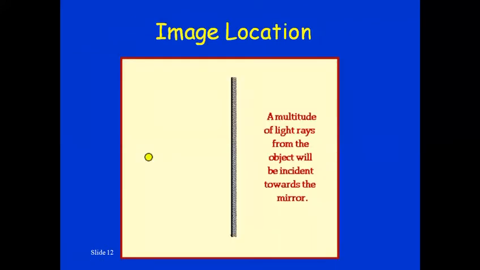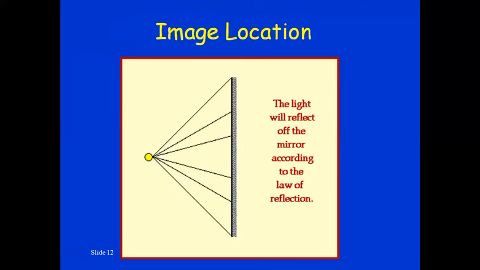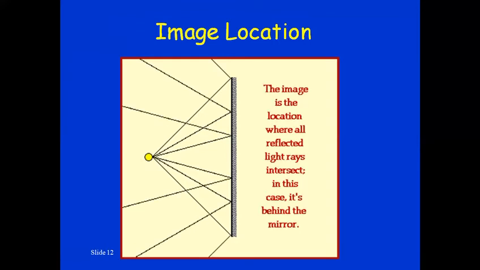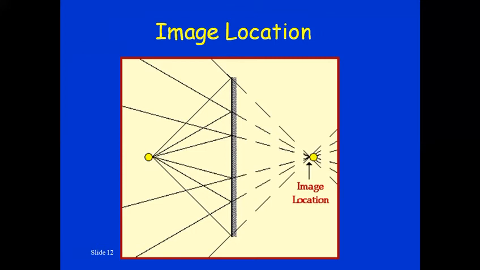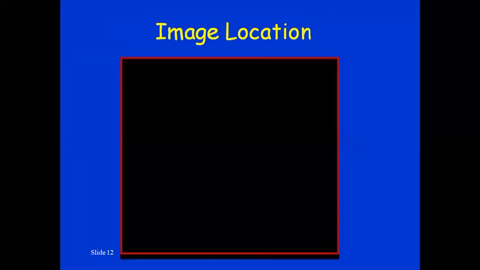So how can we locate the image of an object? Here is the procedure. Just have a look and then try to understand it. Again, we are just going to observe it.